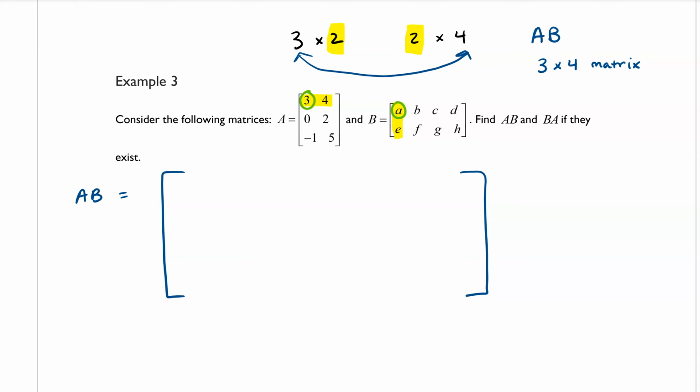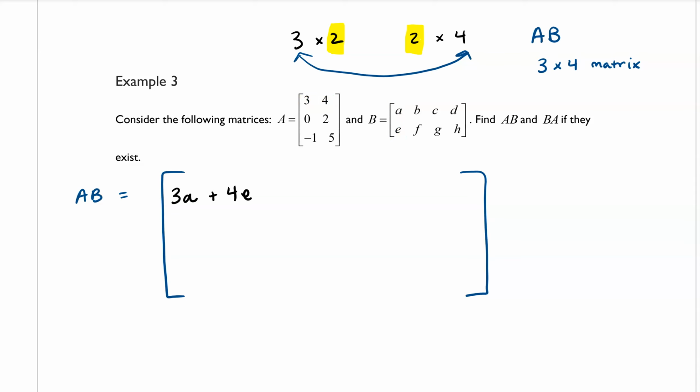If we multiply those together, that would be 3 times A, or just 3A. We're still dealing with that same row and column. Then we're going to add the product of 4 and E. So plus 4E, and that's how we will do that.